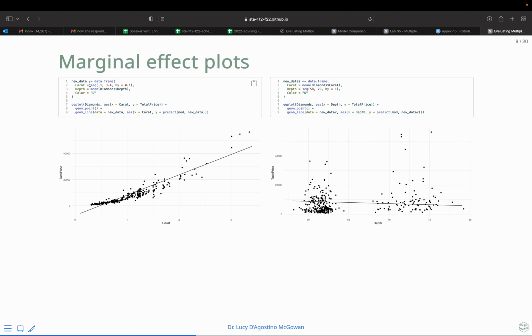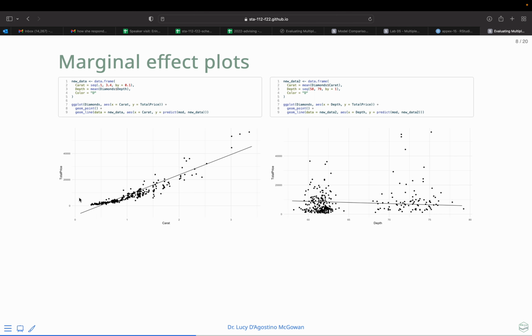And so here, what I've done is I have created some new data. This plot on the right is a marginal effects plot for the caret variable. I've sequenced from 0.1 to 3.4 by 0.1. What that does is it just creates a vector that goes 0.1, 0.2, 0.3, all the way to 3.4.